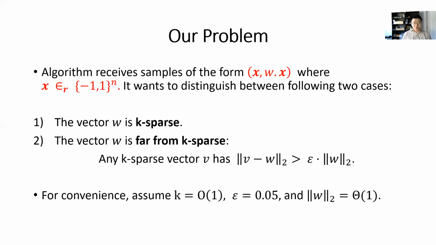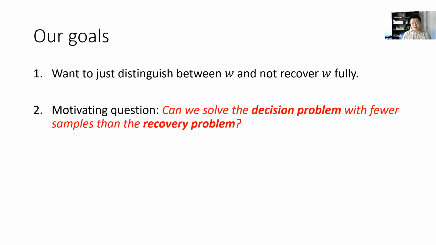The second thing I want to add is our motivation, because the decision problem is not harder than the recovery problem. So the main motivating question of this study is, can we solve the decision problem more efficiently than the recovery problem, say using fewer samples?